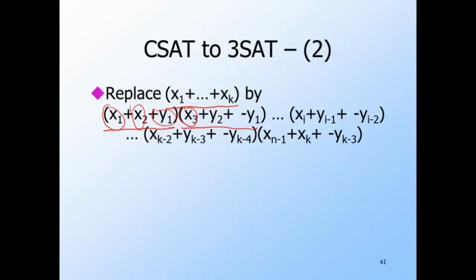The previous variable, y1, is negated, while the next variable, y2, is not negated. That pattern repeats. Each new clause has one of the original literals, say that, a negated previous y, and an unnegated next y. Then finally, the last of the new clauses has the last two of the original literals and only the previous y negated.